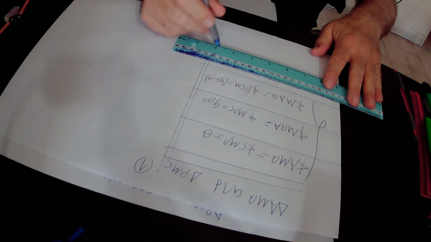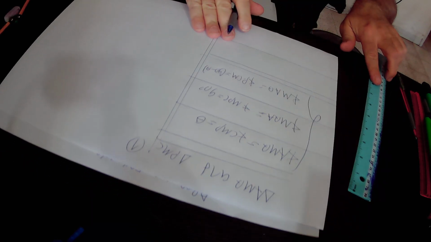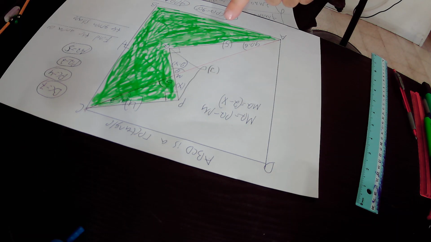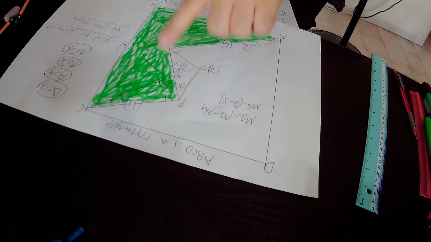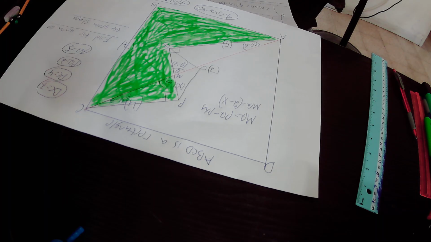So we actually proved that all three angles in the right triangle AMQ are correspondingly equal to all three angles in this small green right triangle PMC. And therefore we proved that those two right triangles are similar to each other according to the angle similarity rule. So I write it down.